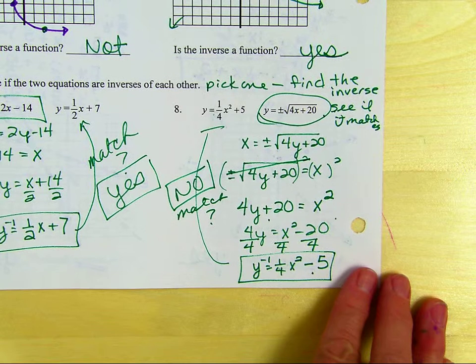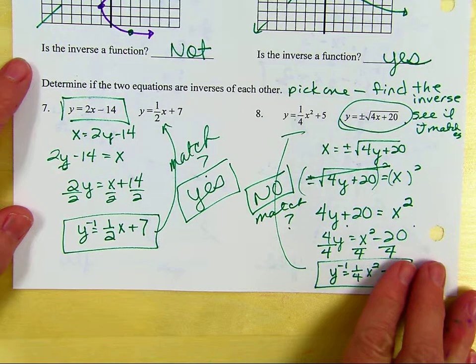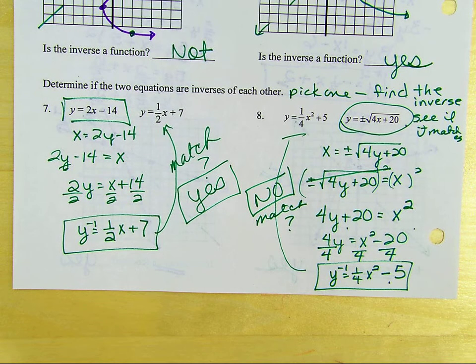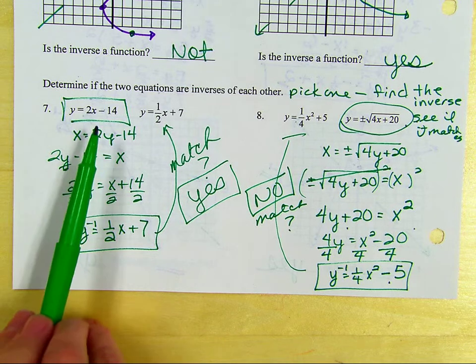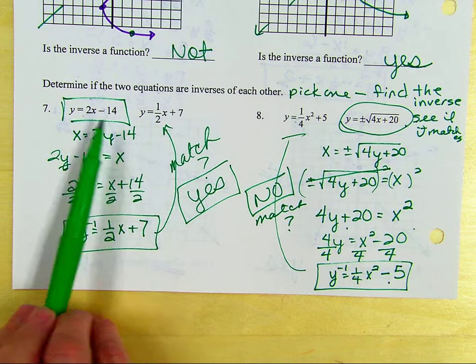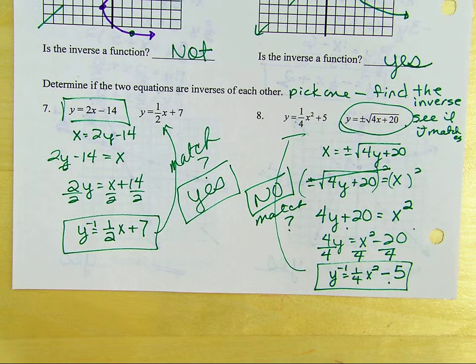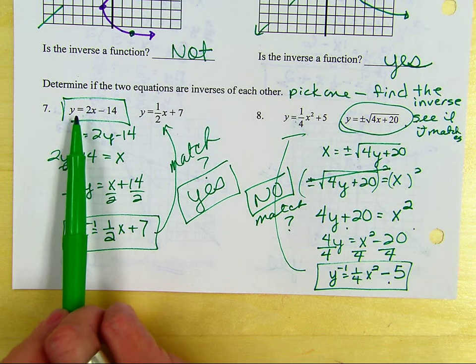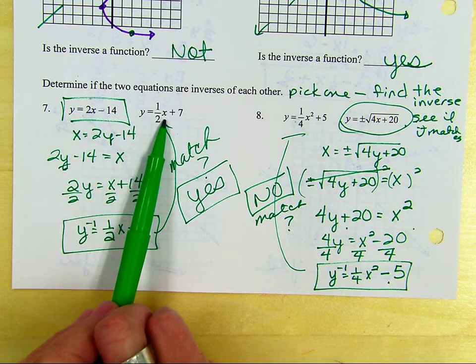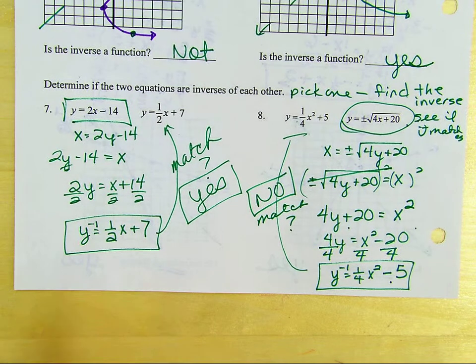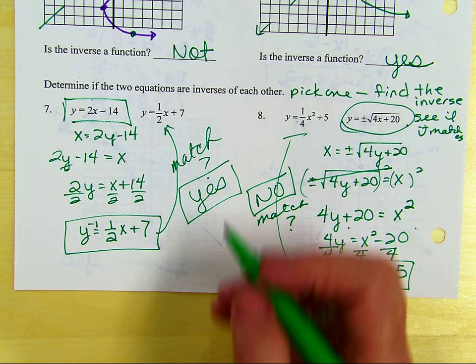If anyone thinks that's a lot of work, there is another way to find if it's an inverse, but I'm not going to show you. I'm just going to tell you, and you can give it a try. If I composite these two functions together, the way we did in our earlier unit, either composite this into this, or this one into here, when you're done compositing the two, you will end up with the function y equals x.